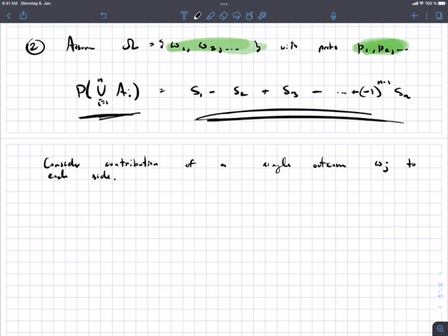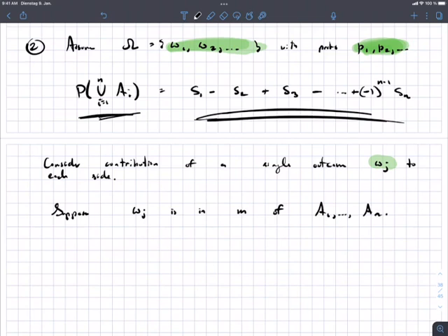So suppose this single outcome is in some number m of these.